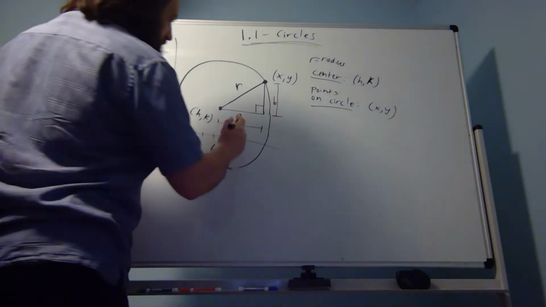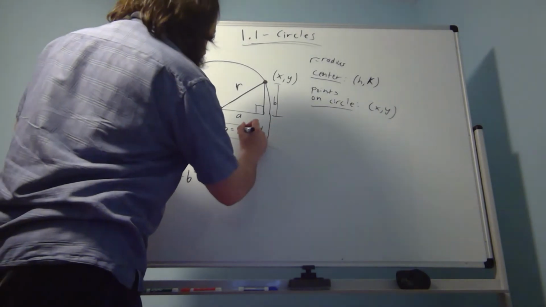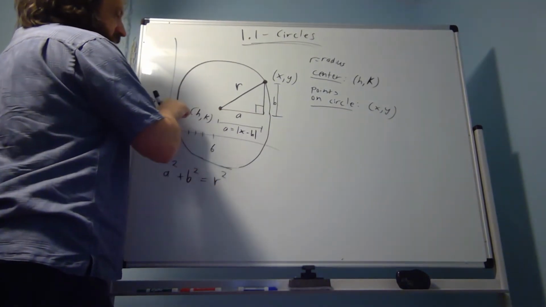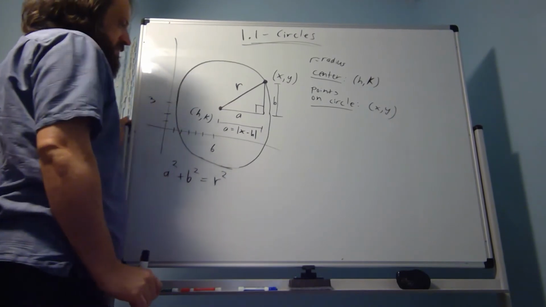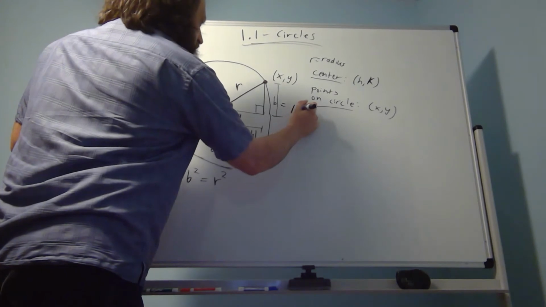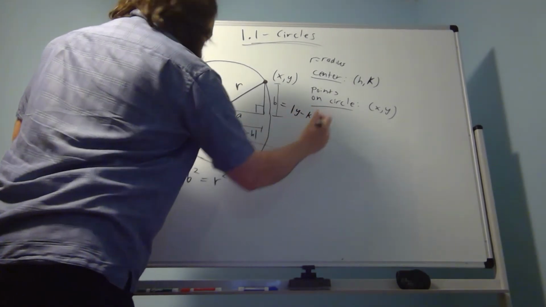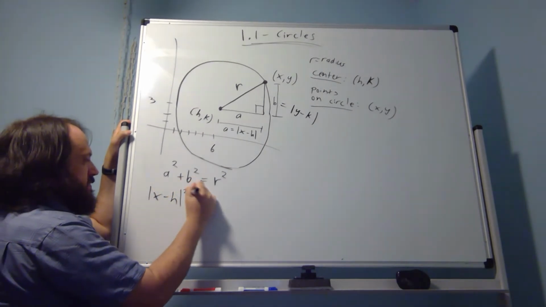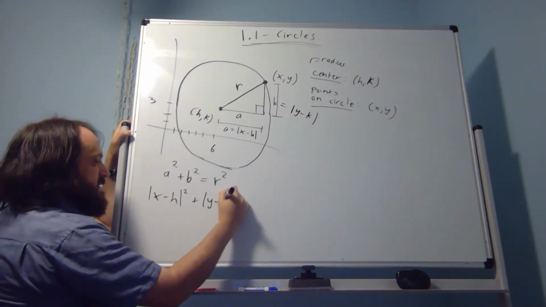Anyway, a is horizontally the absolute value of x minus h. So x could be bigger than h, x could be less than h. And b is the absolute value of y minus k. So we have the absolute value of x minus h squared plus the absolute value of y minus k squared.